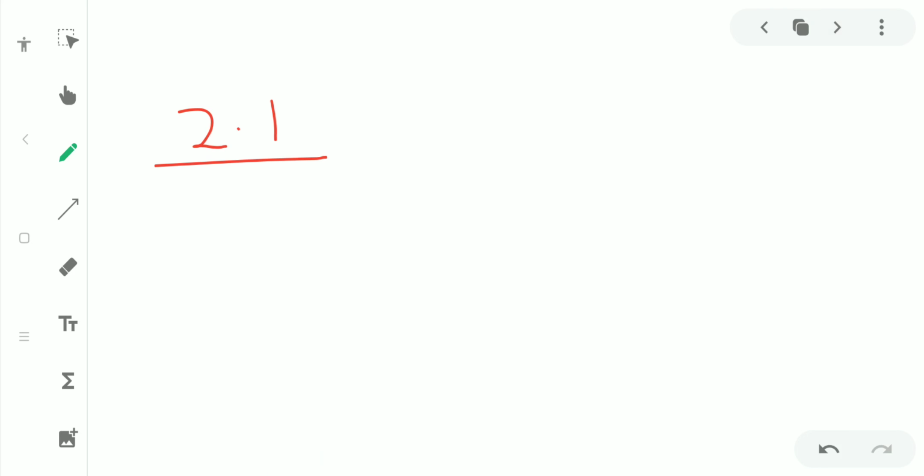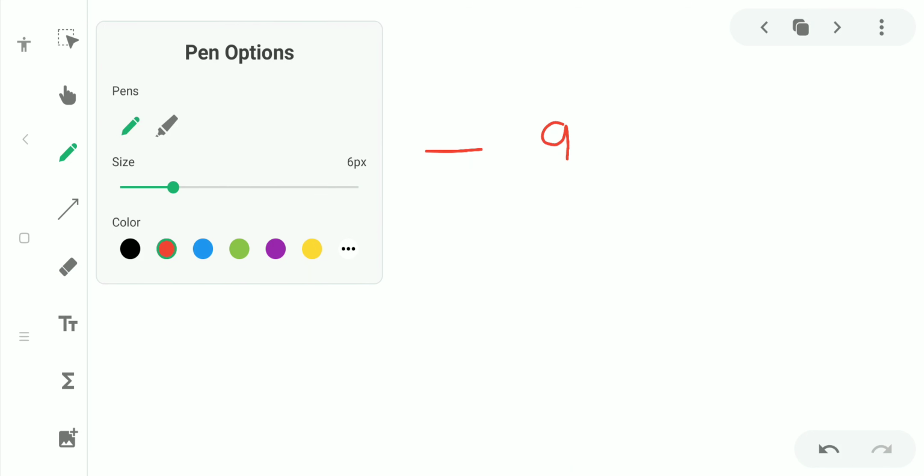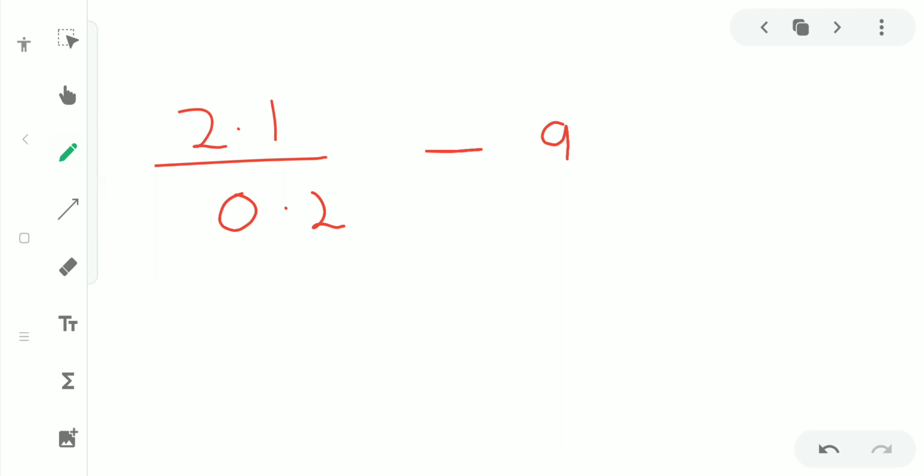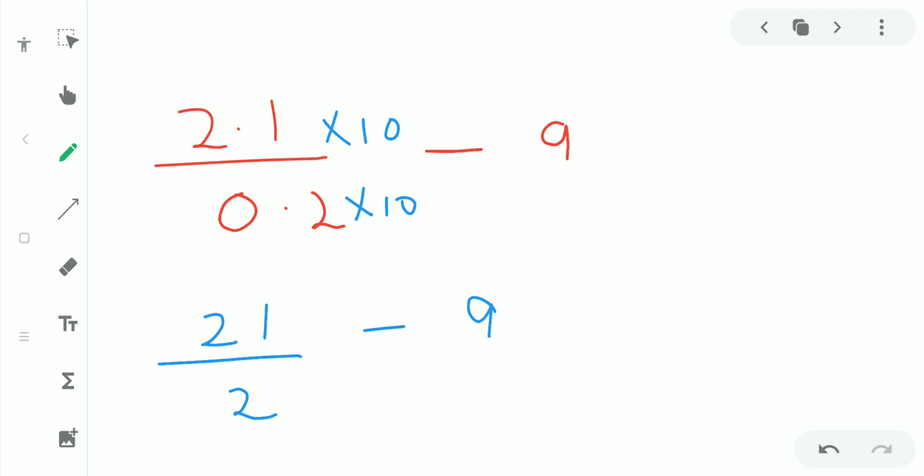divided by 0.2 minus 9. So here I will multiply the numerator and the denominator with 10 to remove the decimal. I will have 21 divided by 2 minus 9.